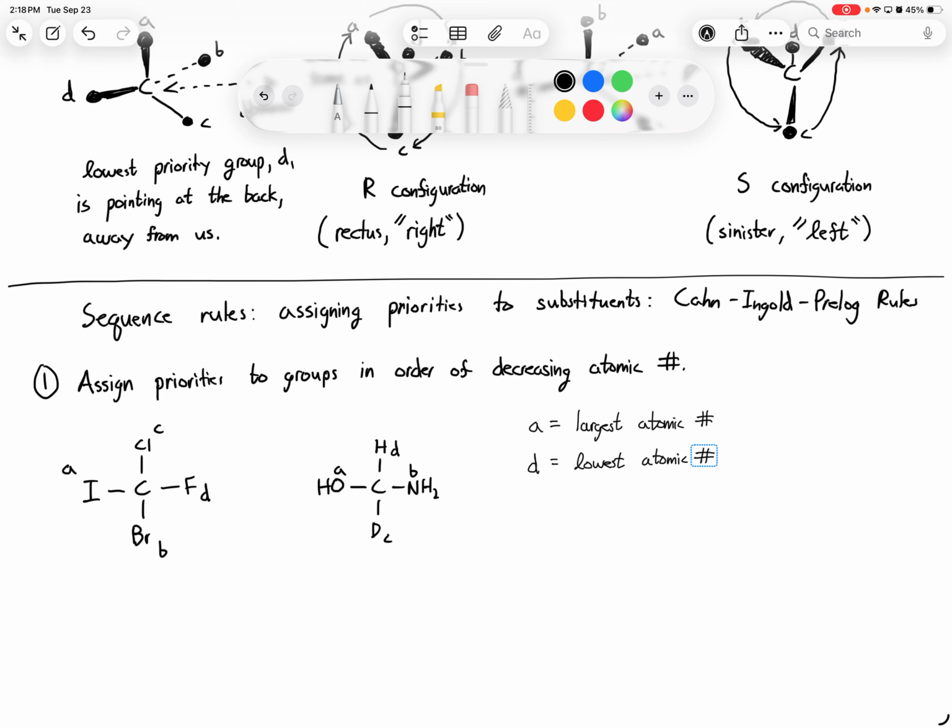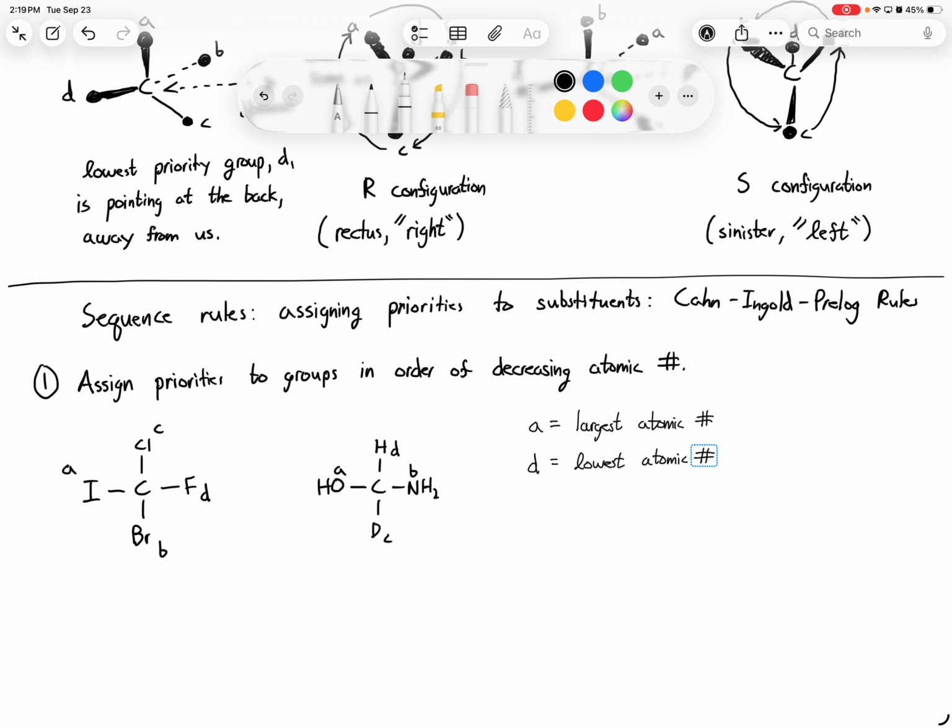And then for the next one, you look at the atom that's directly attached, all right? One has oxygen, one has nitrogen, one is H, and one is deuterium, which is the isotope of hydrogen, okay? So remember, nothing will be lower than hydrogen because it's the lightest element and it's the lowest atomic number first in the series, right? So that would be letter D, lowest priority, okay?